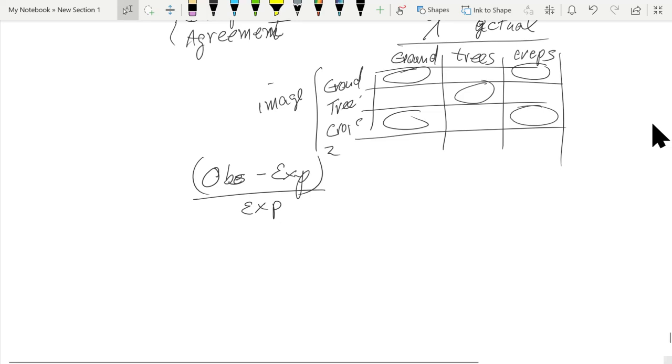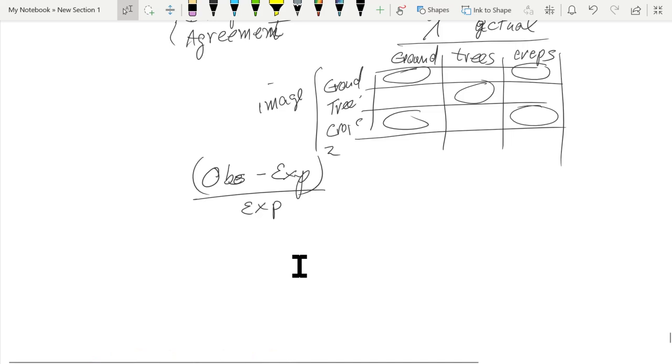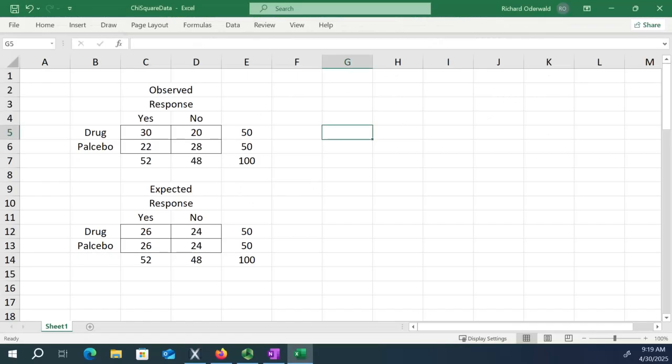is I take each one of the observed values, subtract the expected value, square it, and then divide by the expected value. And the computer is going to do all of this for you. And part of the problem is the computer is going to do all of it for you. And it just comes up with answers.